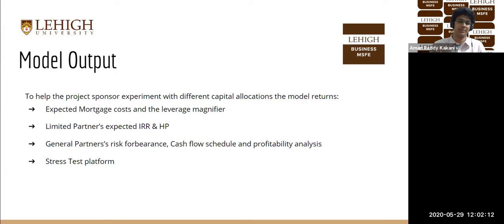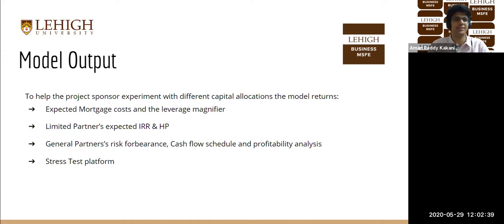So one of the arguments that we, as the MFE team, have made is that this project should take on leverage to make use of low interest rates. And so the effectiveness of that proposal has to be able to be measured very objectively, and this model does that. We also want limited partners, like Professor Zora just asked me earlier, to be able to see when he's going to get paid off, what his return is going to be, and what the stress of the fluctuation is going to look like.